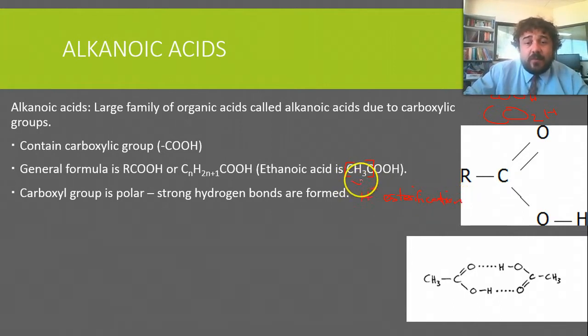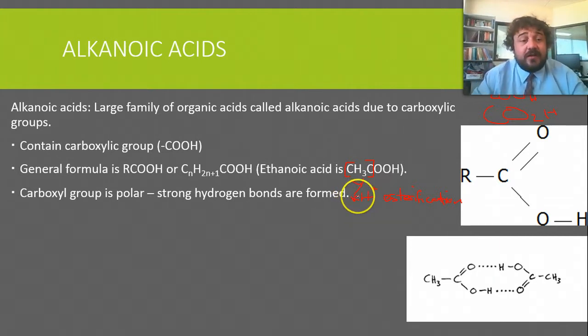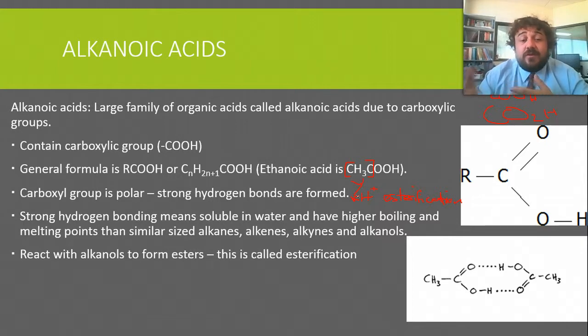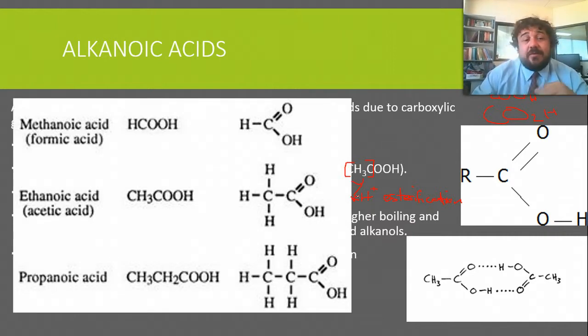The strong hydrogen bonding means it's soluble in water, and it has higher boiling points and melting points than similar size alkanes, alkenes, alkynes, and alkanols. They also react with the alkanols to form esters, and that's called esterification.